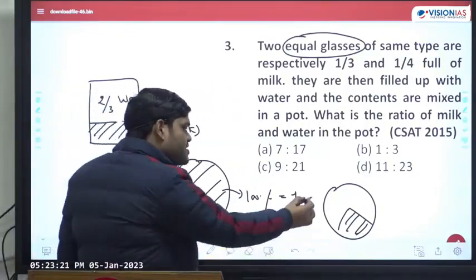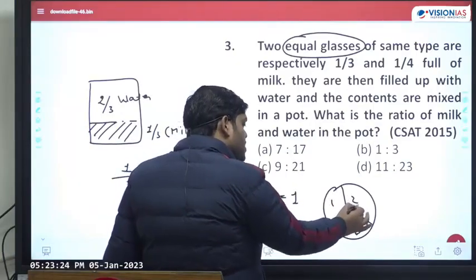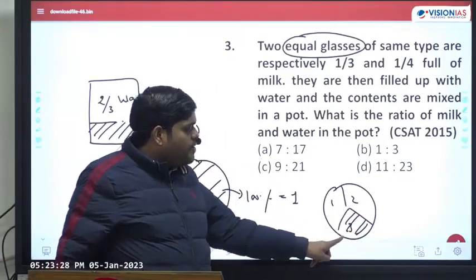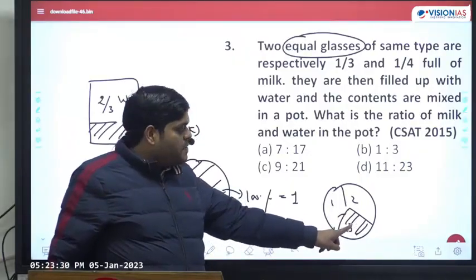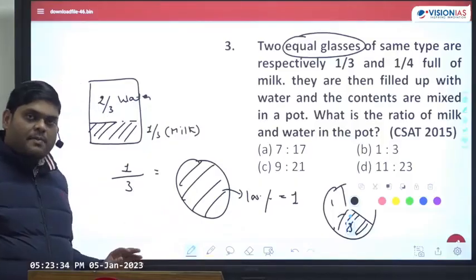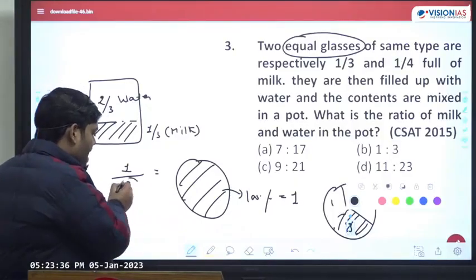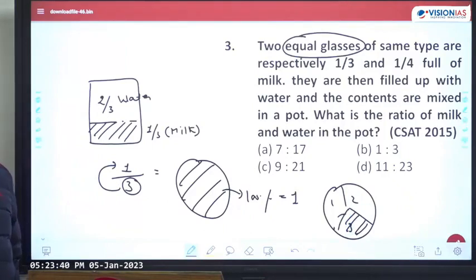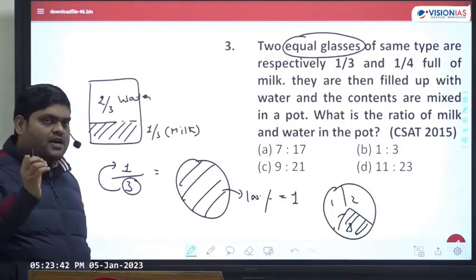If I divide this whole circle into 3 parts, and I take 1 part out of the 3 parts, that is 1/3. Out of 3 parts I am taking 1 part. This is the meaning of 1/3.